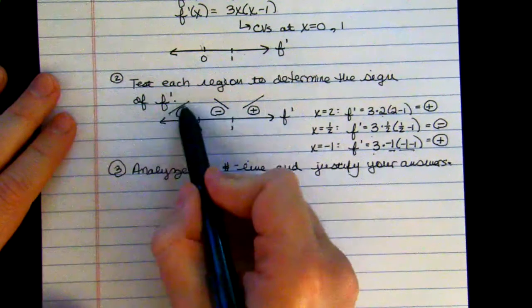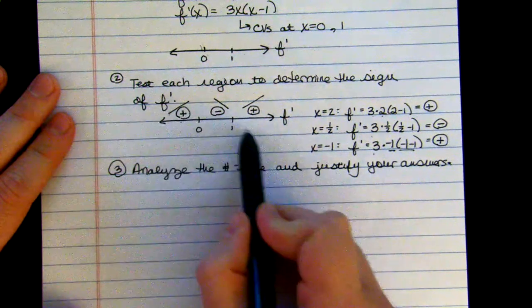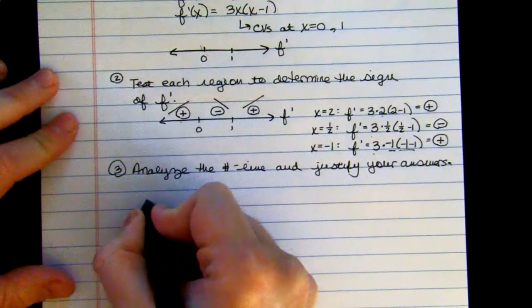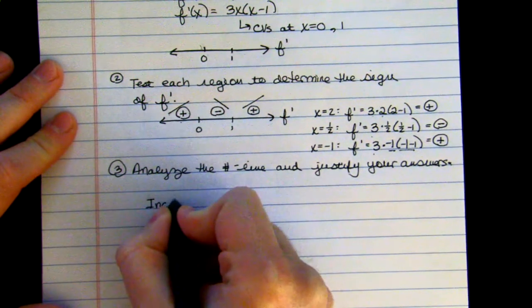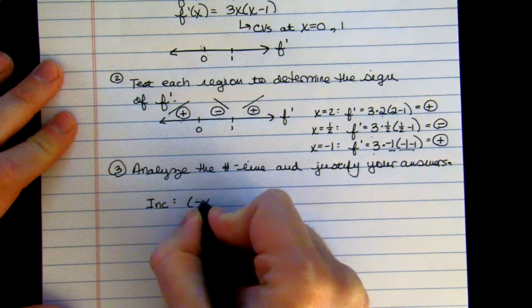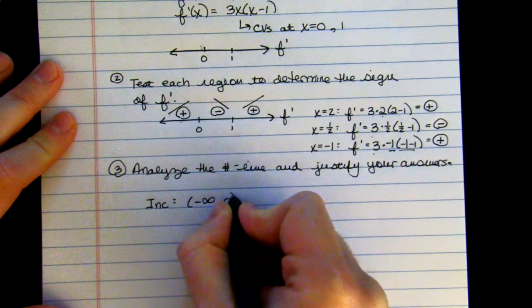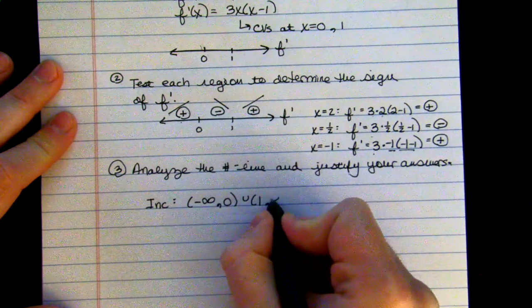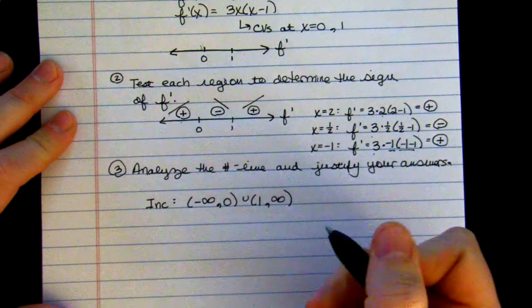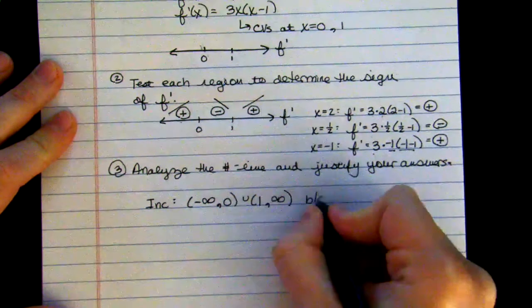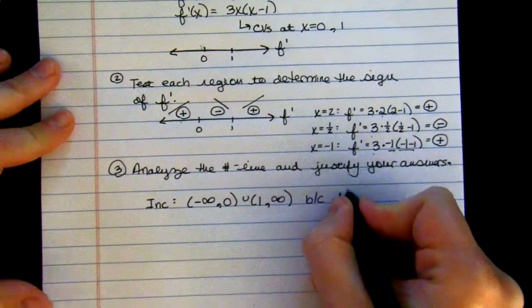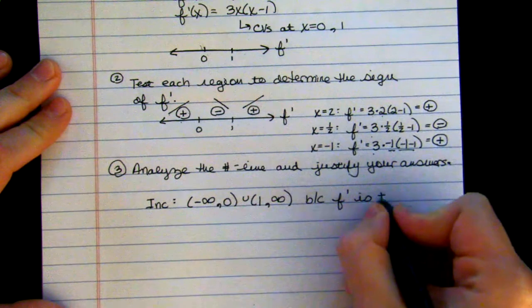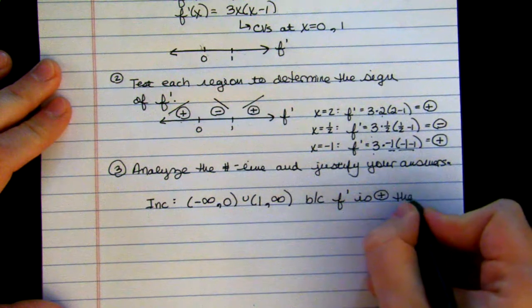That's also why I do those little symbols there. I'm increasing over here, and I'm increasing over there. I'm going to say increasing from negative infinity to 0, and then again from 1 to infinity. Why? Well, because f prime is positive there. And that's how I'll write out my justification.